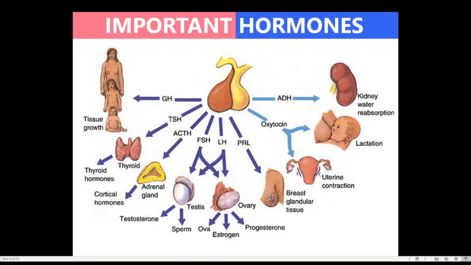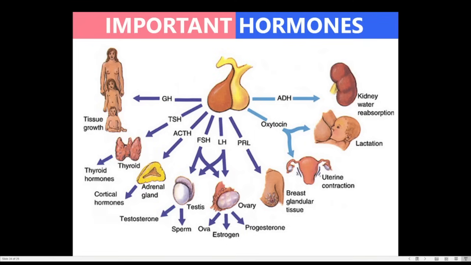These something are called hormones. They are the messengers. And for every hormone, meron siyang epekto sa katawan natin. Makikita natin dyan, there is uterine contraction, you have lactation, you have water reabsorption, and then yung thyroid, may kinalaman yan sa ating metabolism. So, hindi natin iisa-isahin ngayon kasi napakarami niyan.